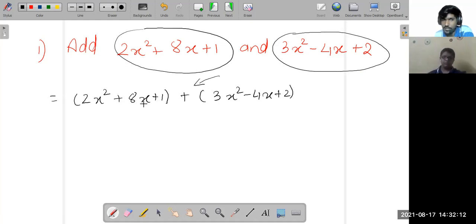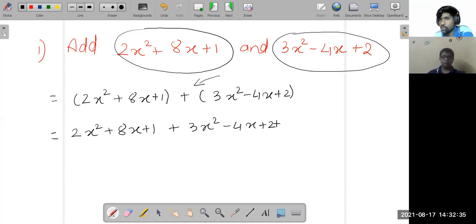So I put this plus sign here. Now, if you notice one thing, I have written it in brackets. Always you have to put the brackets. The second step will be opening up the bracket. So 2x squared plus 8x plus 1 plus 3x squared minus 4x plus 2. You may be thinking, what is the use of putting the brackets, because after removing the bracket everything remains the same.